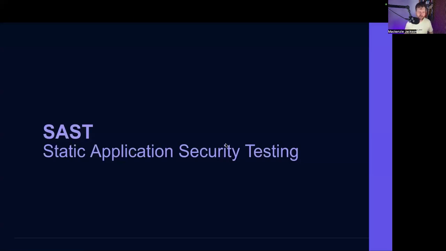One of the last areas that I want to talk about is called static application security testing, or SAST. This is actually looking inside your code for coding issues that are vulnerable. One of the things that AI tools are not great at is things like SQL injection inside your code.